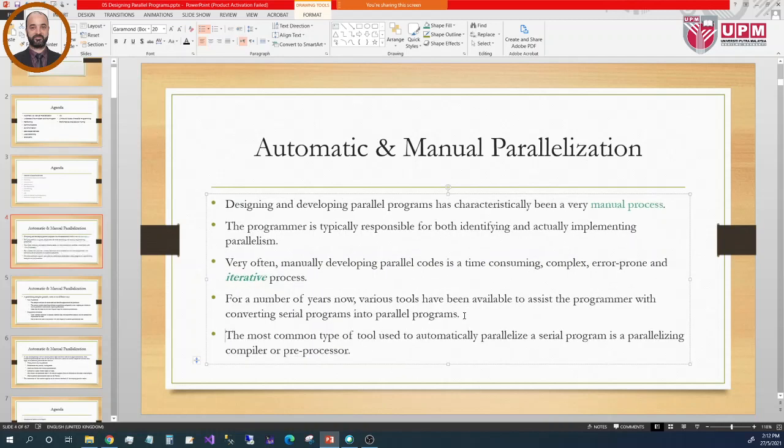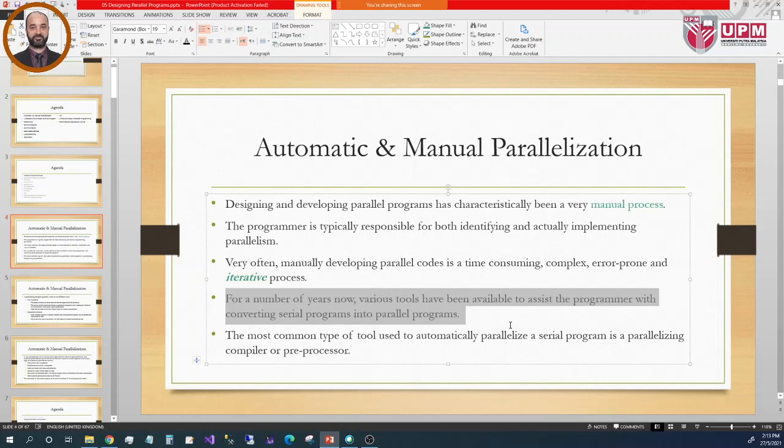There are some tools that help you: you give the sequential program to the tool, and it tries to make it parallel without you worrying about threads, about controlling access to shared memory and so on. So you don't need to do that. But the problem with these tools is that they are not perfect.